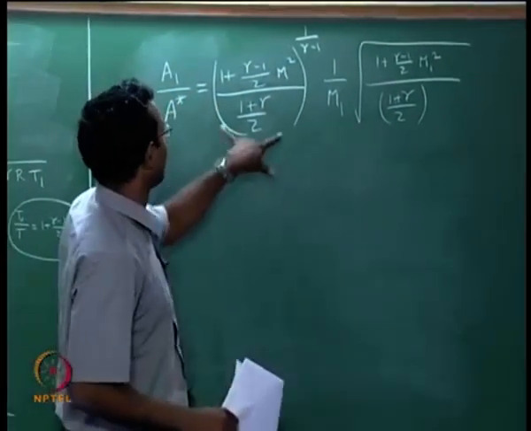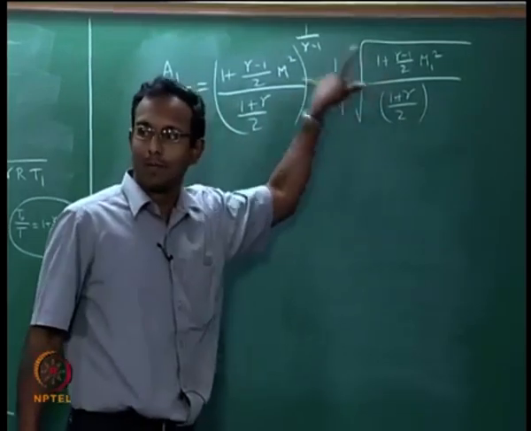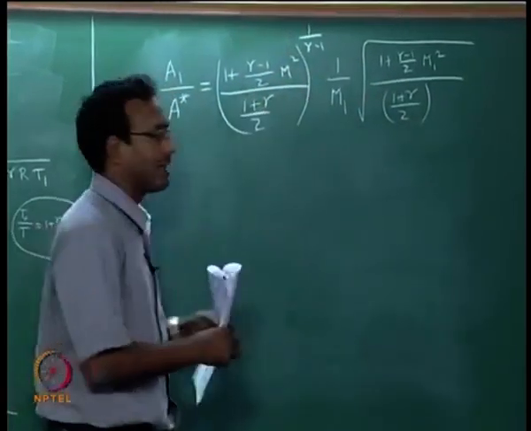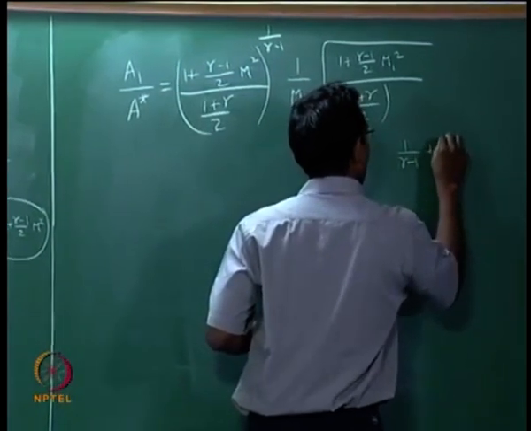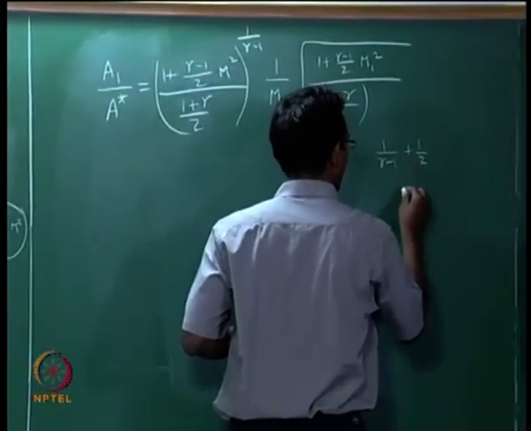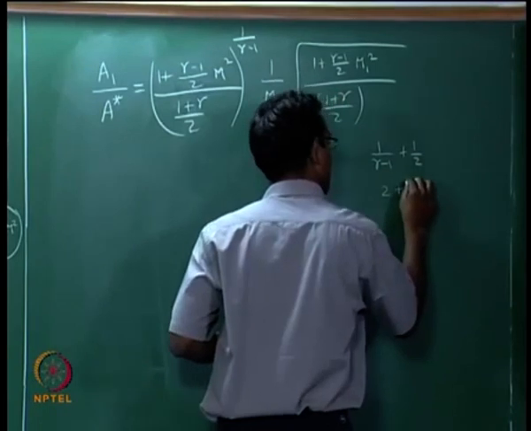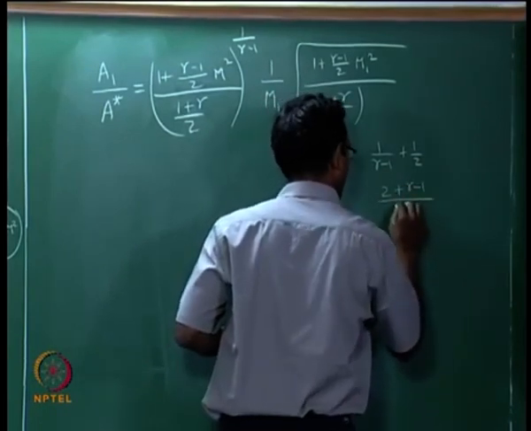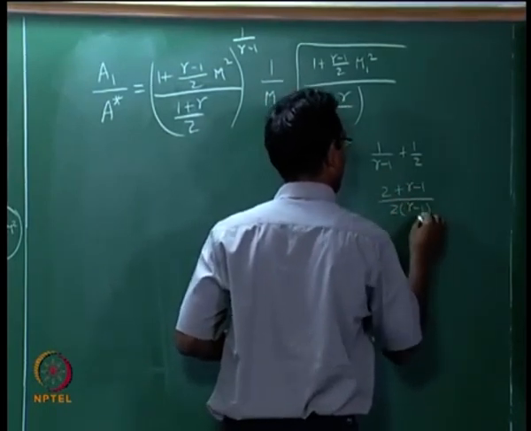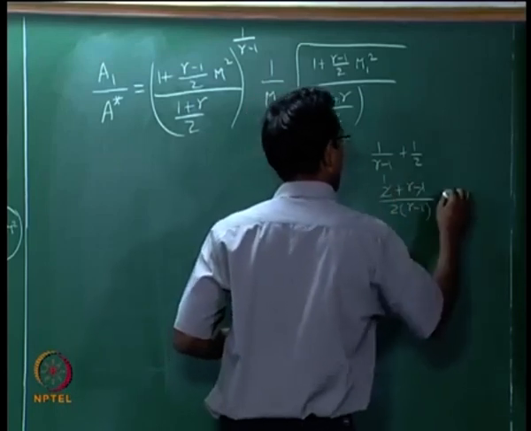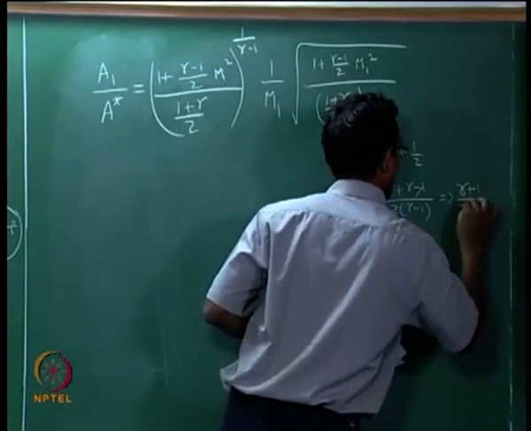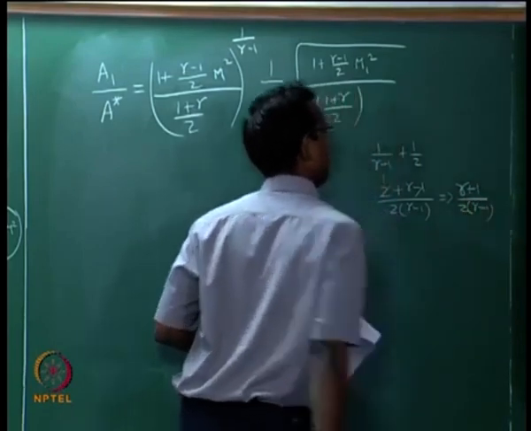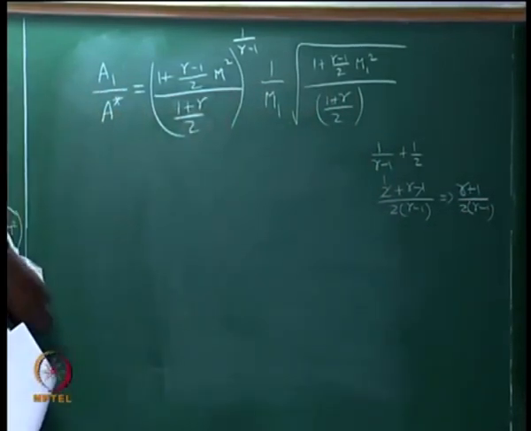Now this and this are exactly the same and they are multiplied, so the powers will be adding. 1 by gamma minus 1 plus 1 by 2 is 2 plus gamma minus 1 by 2 times gamma minus 1, which is gamma plus 1 by 2 times gamma minus 1.